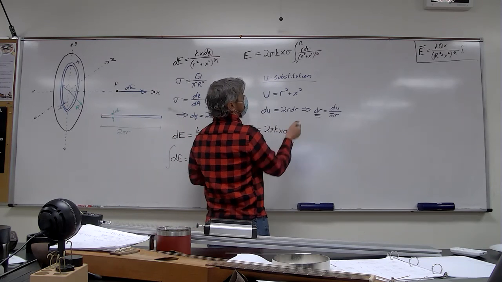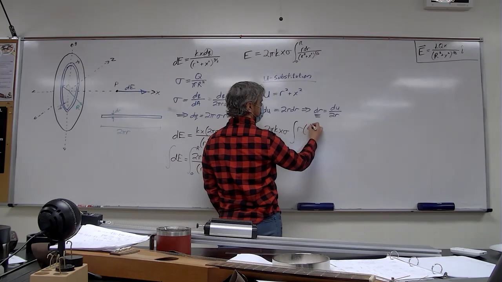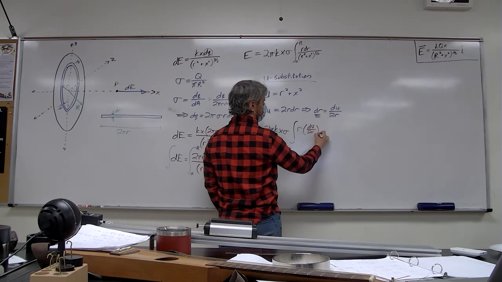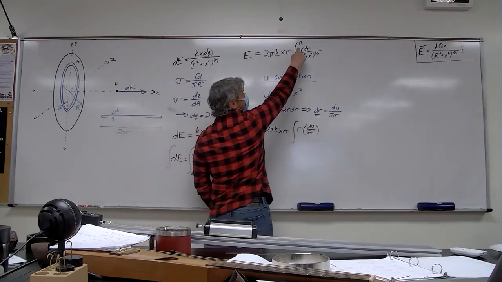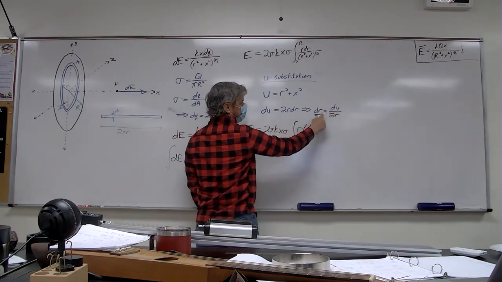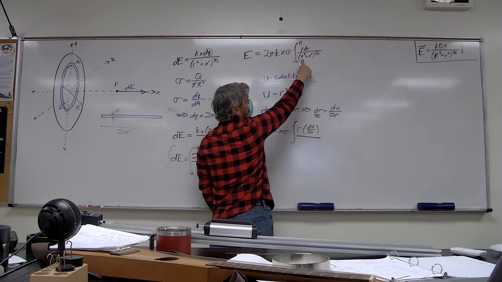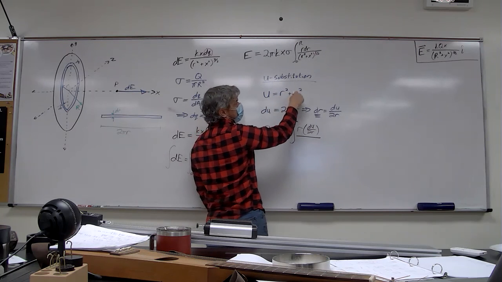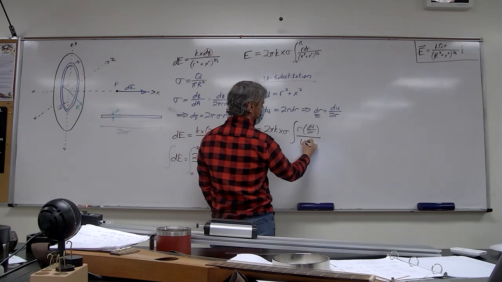If I have r dr in the numerator, I have r times du over 2r. Right? I'll do an extra step just to make it a little more clear. That's my numerator, substituting this in for dr using my u substitution, divided by, well here, I've defined u to be r squared plus x squared, so that's u to the 3 halves.